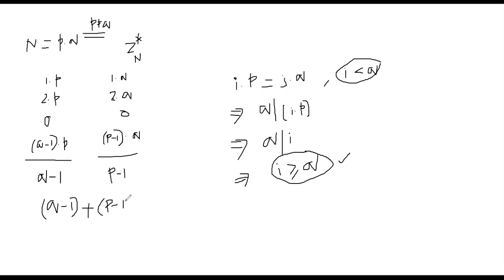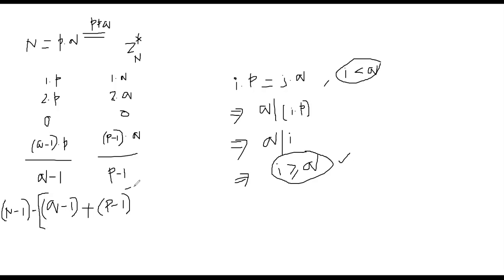But how many elements are there in our original set? The original set is made of numbers from 1 through N minus 1. So there are N minus 1 numbers, from 1 through N, excluding N. We just need to subtract these two numbers to get the answer.